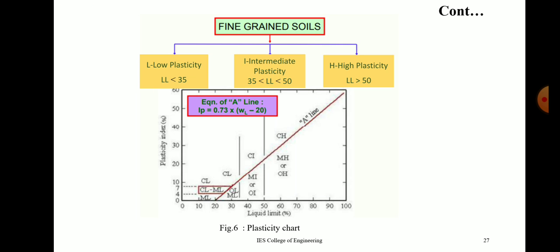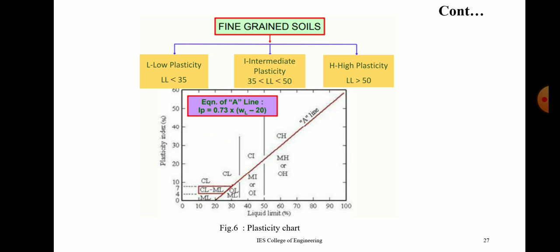This figure shows the plasticity chart. This is liquid limit versus plasticity index. This line shown is the A line. The equation for the A line is plasticity index equals 0.73 times liquid limit minus 20.